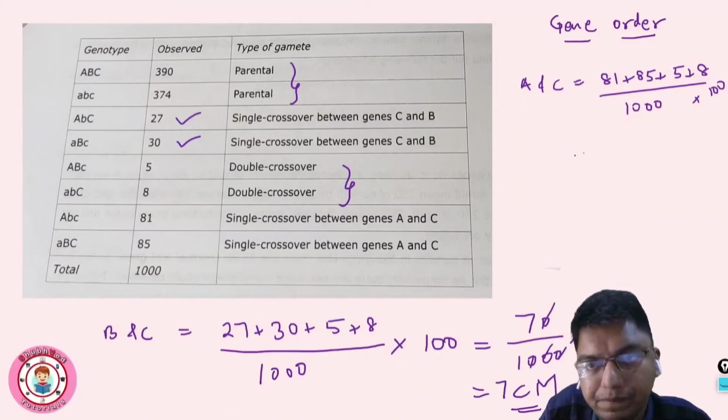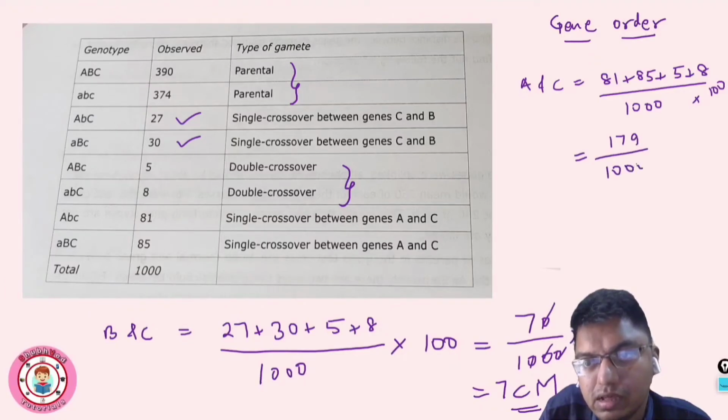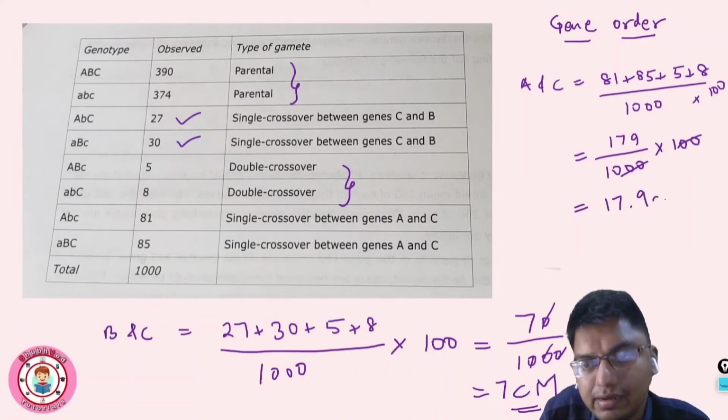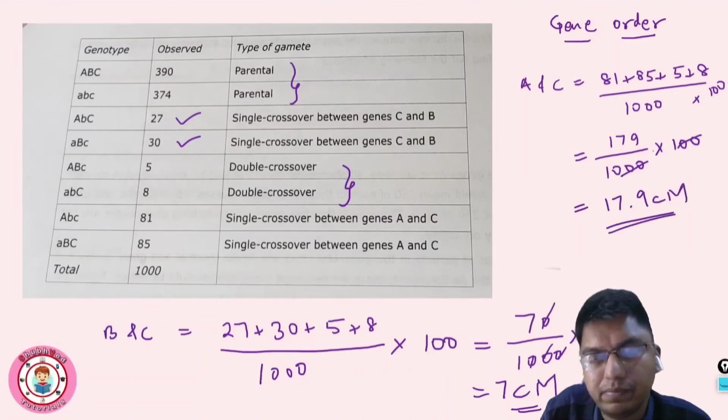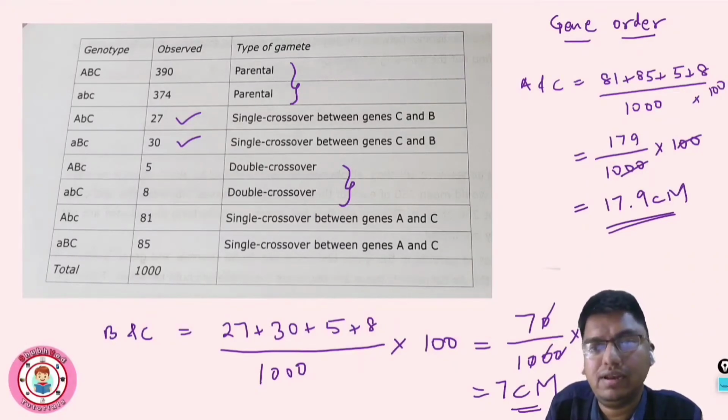Okay. So what do we get here? 179 divided by 1000 into 100. Right. So what do we get? 17.9 cM. So from this map distance also we can understand that B and C are very close to each other and A and C are very far apart from each other.